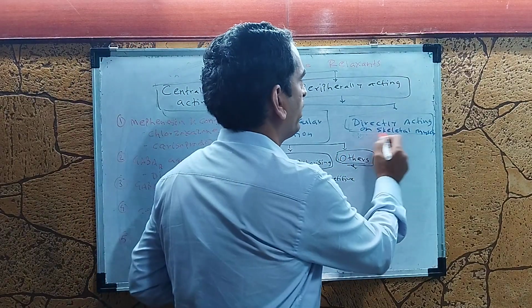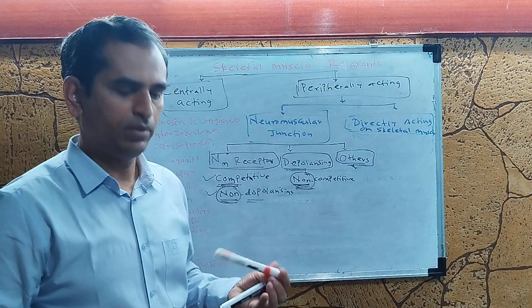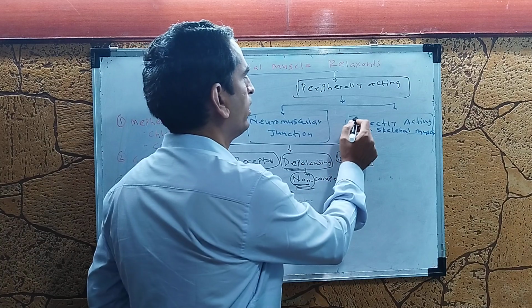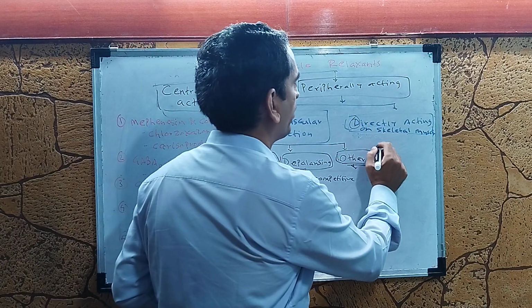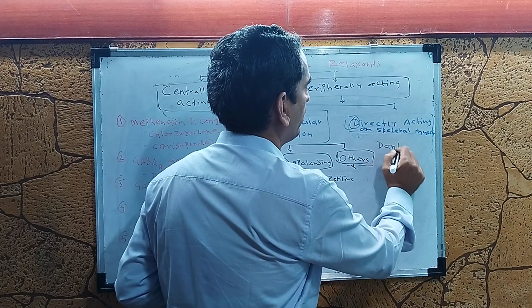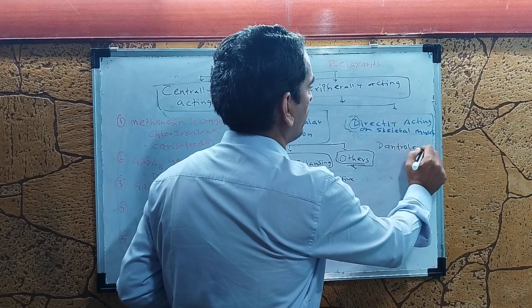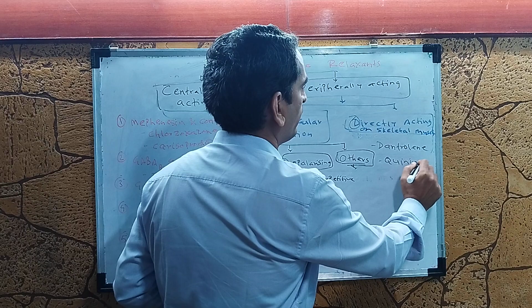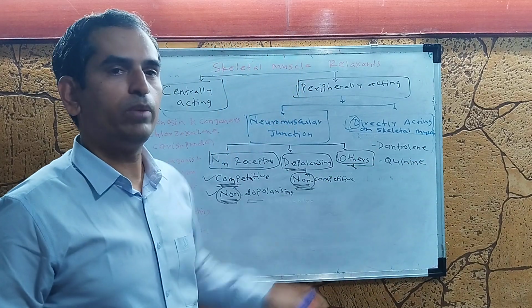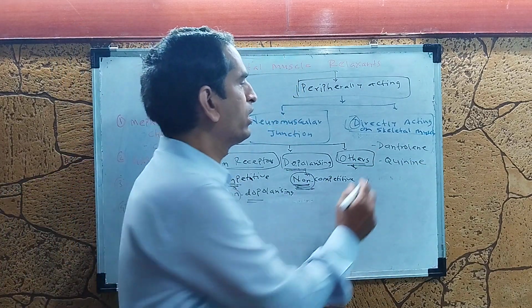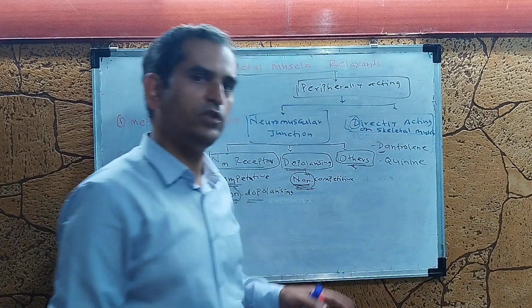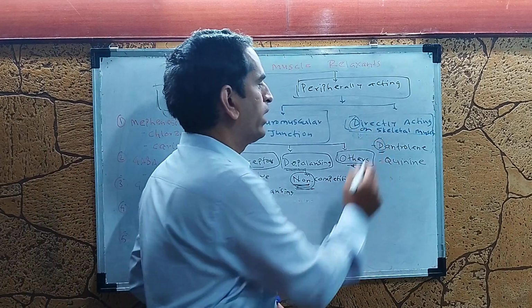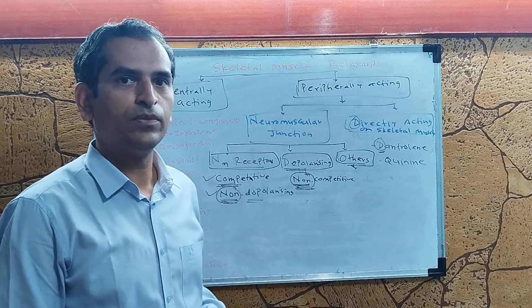The example of directly acting skeletal muscle relaxants, remember it starts with D. So we know the example is dantrolene. The second example is quinine. Now dantrolene we have to remember for some special reasons. Number one, D for D: dantrolene is a skeletal muscle relaxant.